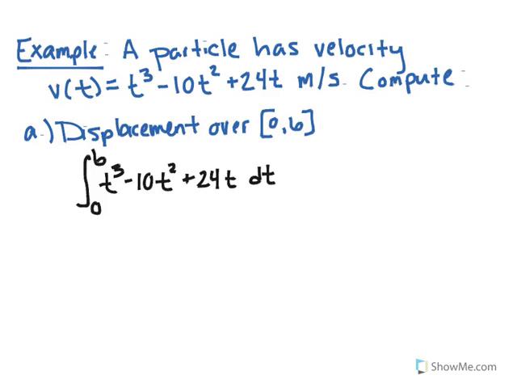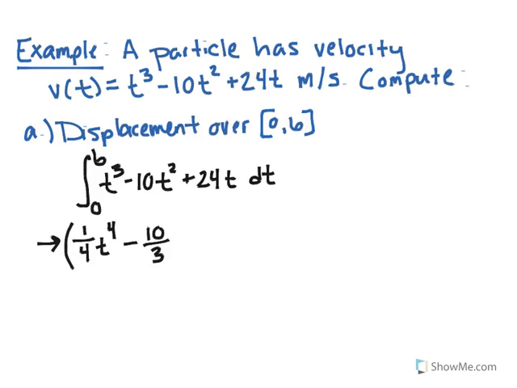And we're going to go ahead and find the integral of each of these pieces. So t cubed, we're going to add 1 to the 3. We're going to get t to the 4th and divide by 4, which will give us 1/4 t to the 4th minus, and we're going to add 1 to the square, which will give us 3. So we're going to have 10/3.